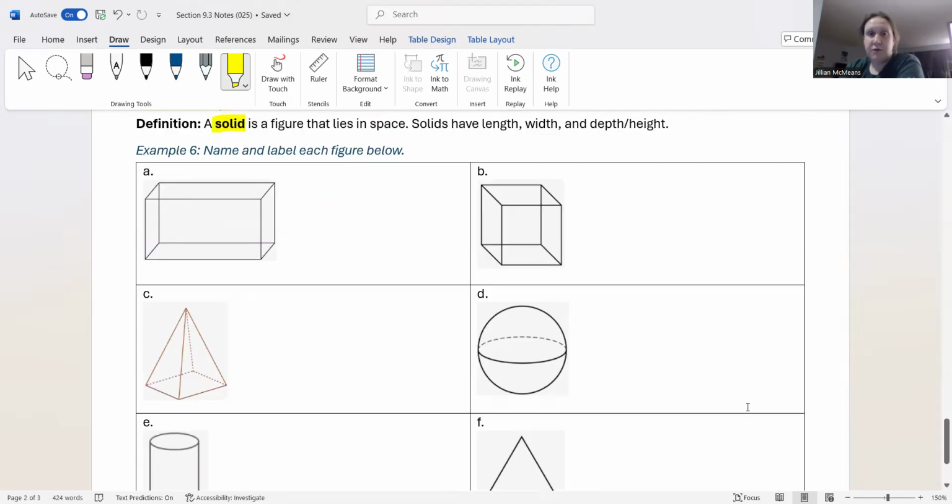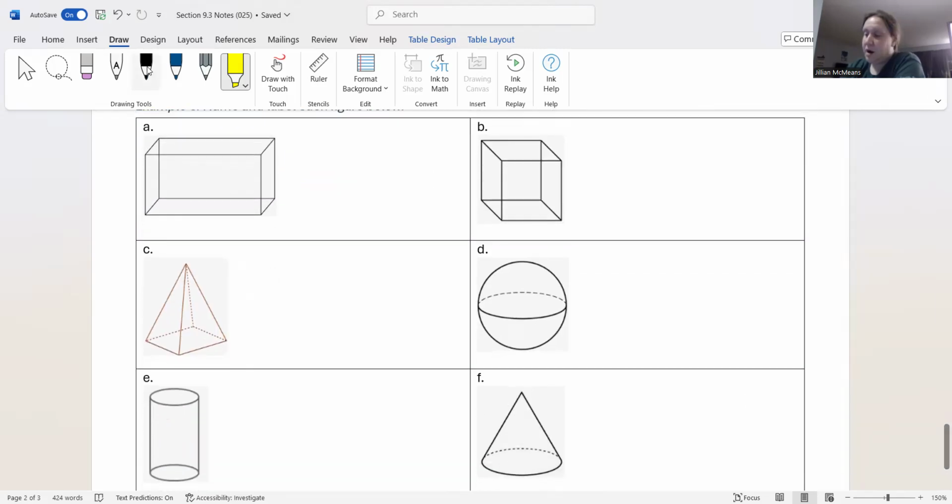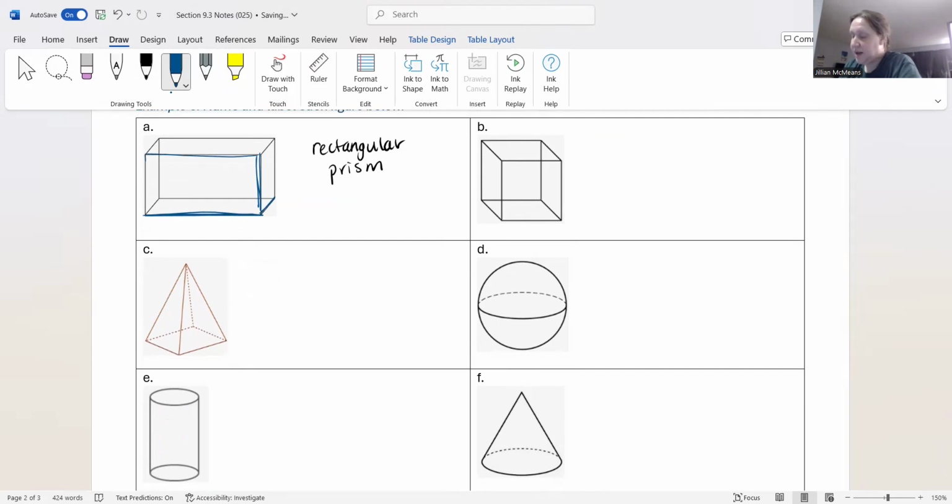The first one we have here is what we call a rectangular prism. If you look at the front of it, we have our length. We have what we typically call a width, but now we have depth. So it's like this rectangle that we have here, but we've extended it back.